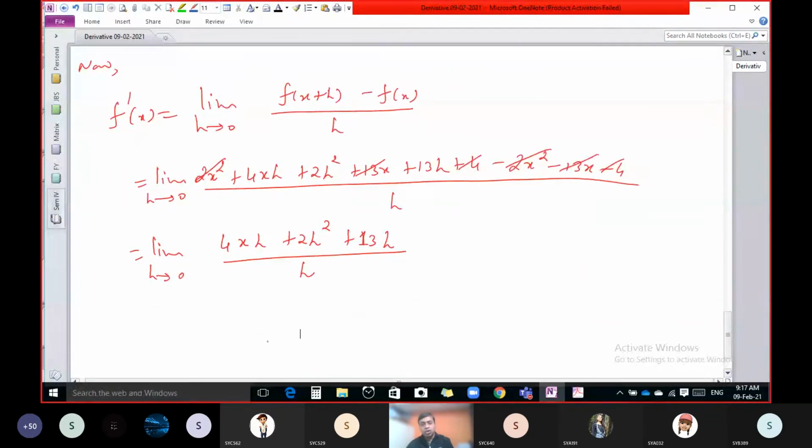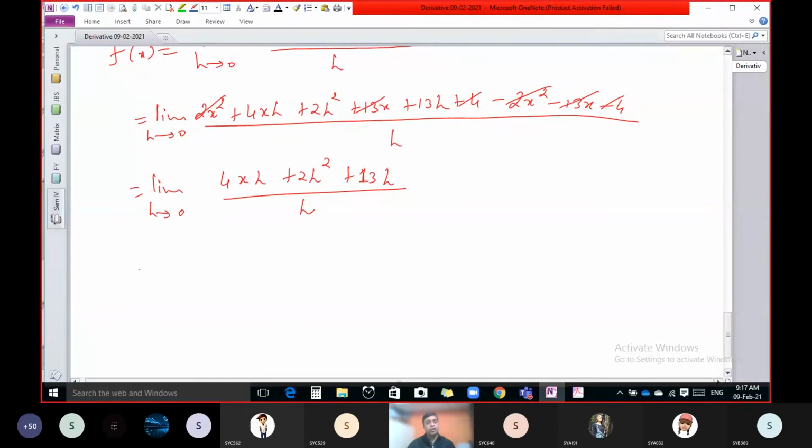Now take h common from numerator. So what we get? h times (4x plus 2h plus 13) upon h. You can cancel h. And now after cancellation of this h, put h equal to 0 in remaining part.